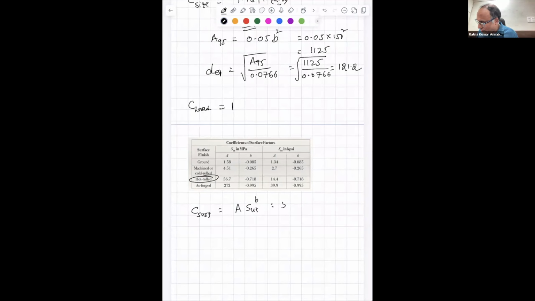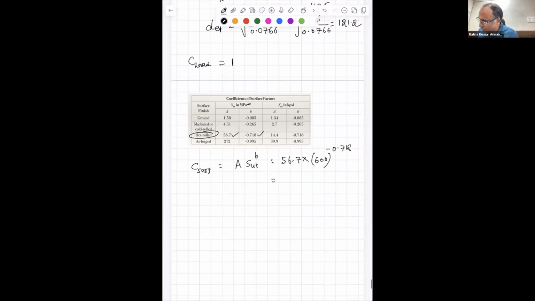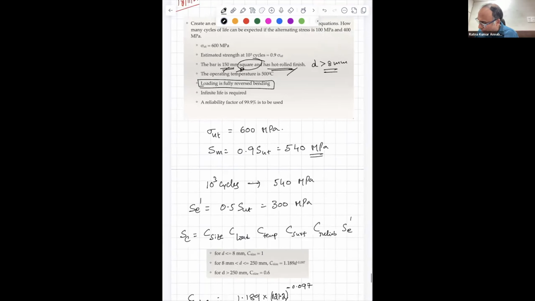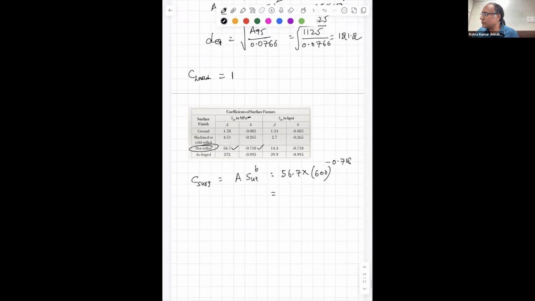So that means 56.7 times SUT, 600 MPa, in MPa to the power minus 0.718. That is B, right? What is that value? That is my C surf. Is that clear? Because it's a hot rolled material, here it is given it is hot rolled finish, so you have to take appropriate surface finish factor. C surf is 0.574. Okay.